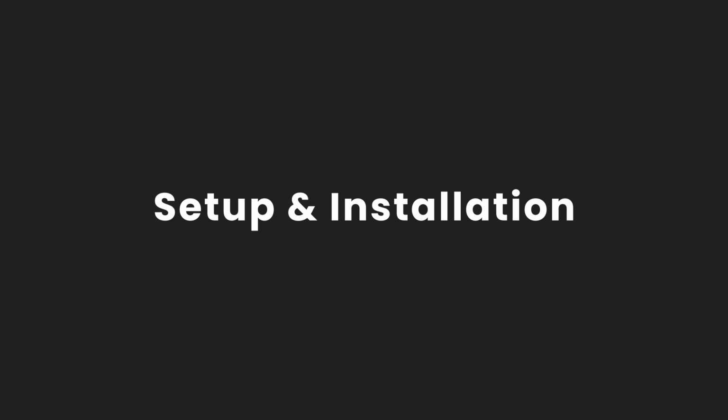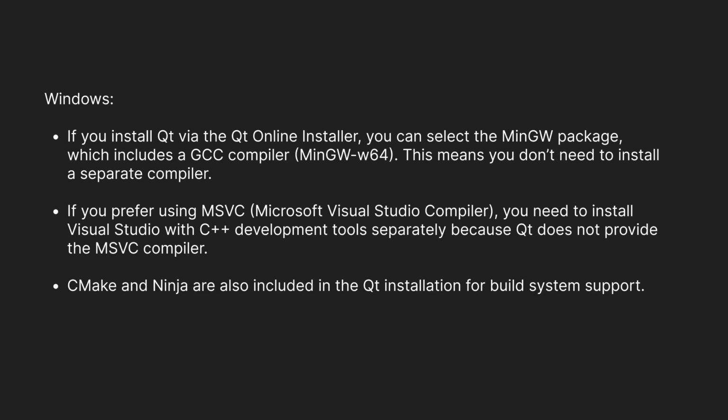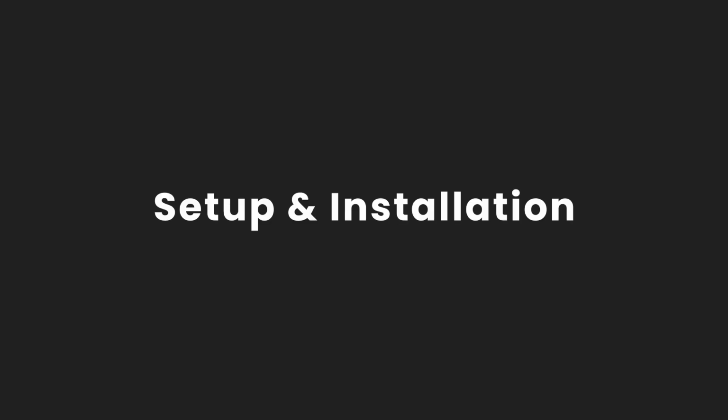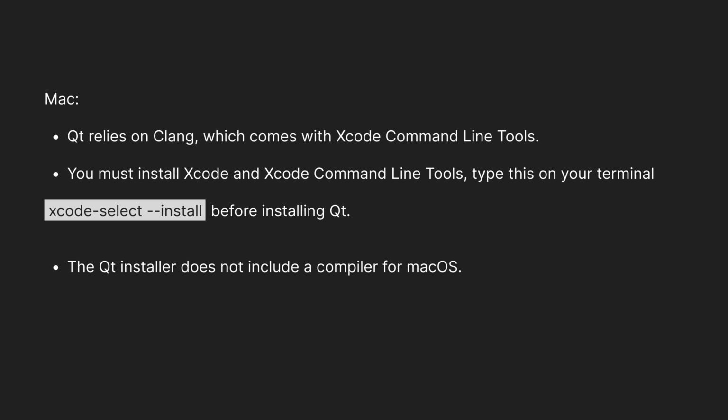I'm going to install it for macOS, but there are a few things that you need to set up before actually installing Qt. For Windows, if you use the Qt Online Installer, you can select the MinGW package, which includes a GCC compiler. This means you don't need to install a separate compiler. And for macOS, you need to have Xcode installed.